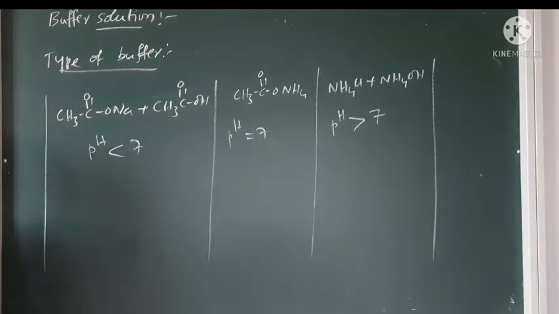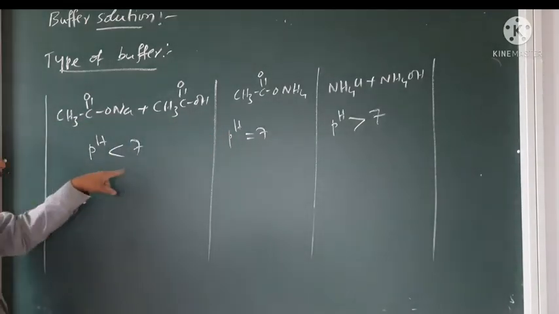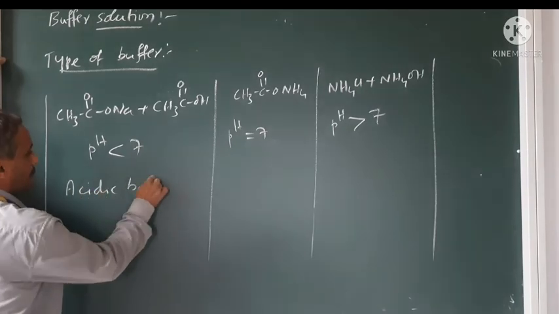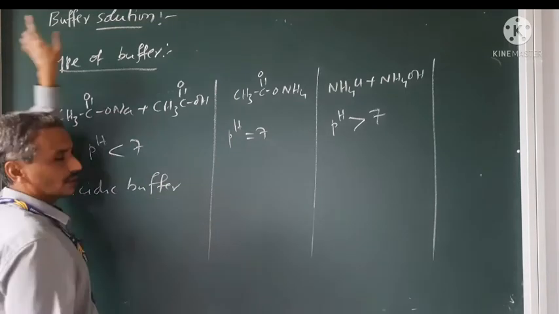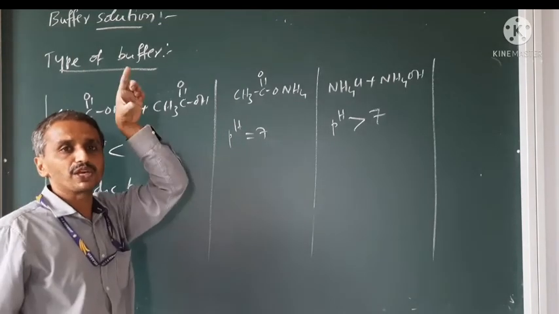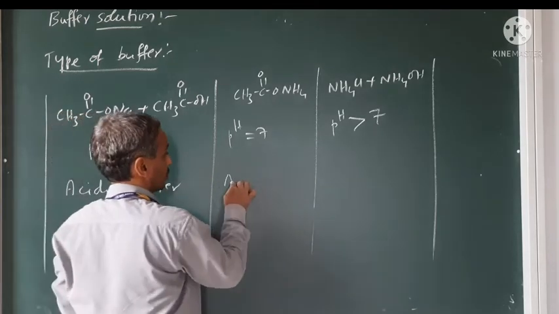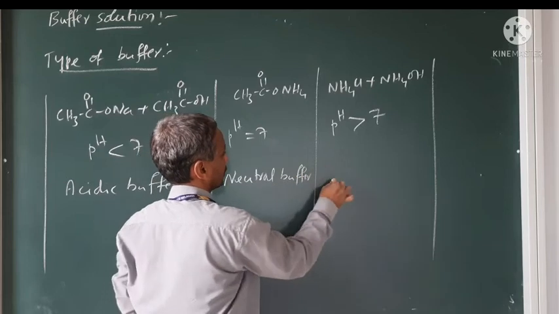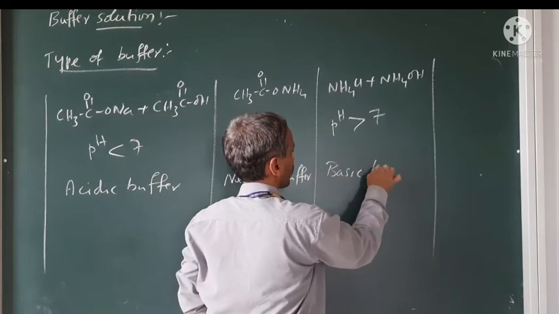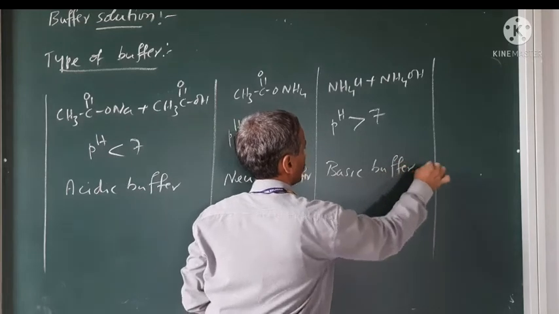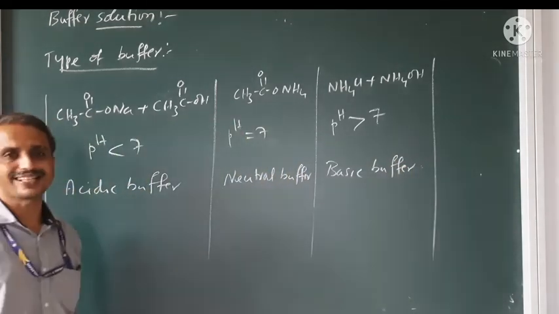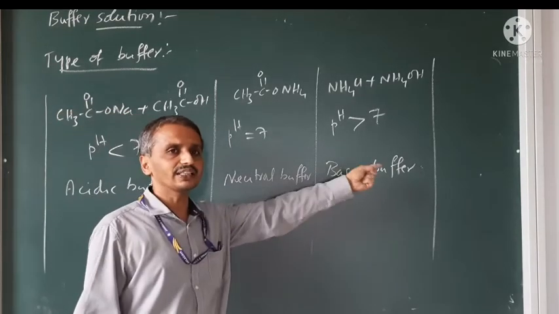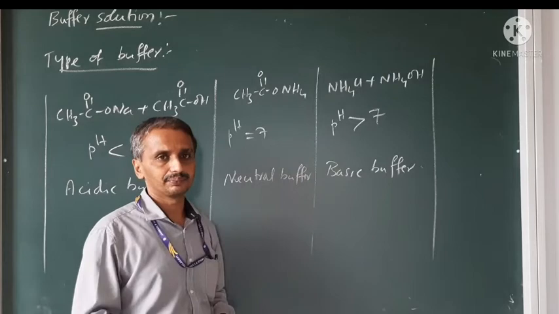So what I can say? Here, as the pH is less than 7, it is called an acidic buffer. This classification is based on the pH. This is a neutral buffer and this is a basic buffer. So if the pH is less than 7, acidic buffer; pH equal to 7 is the neutral buffer; and pH greater than 7 is the basic buffer. Note it.